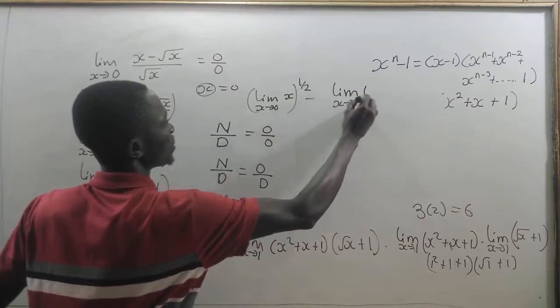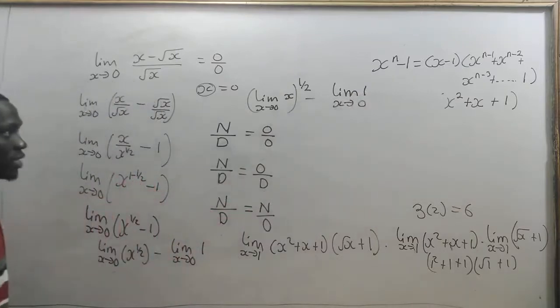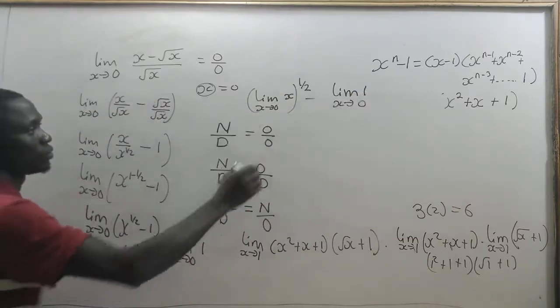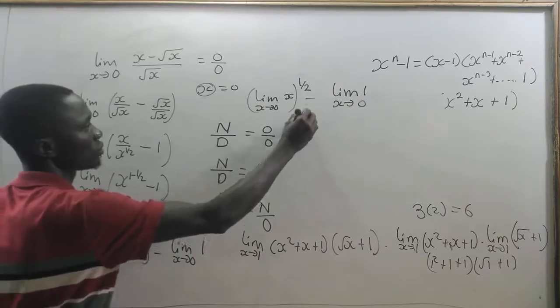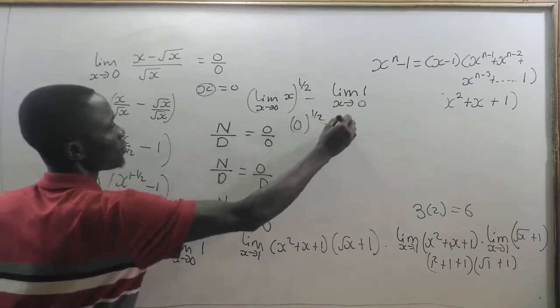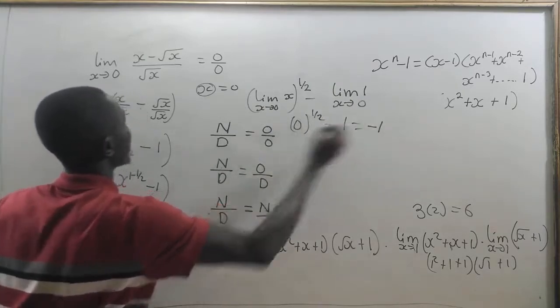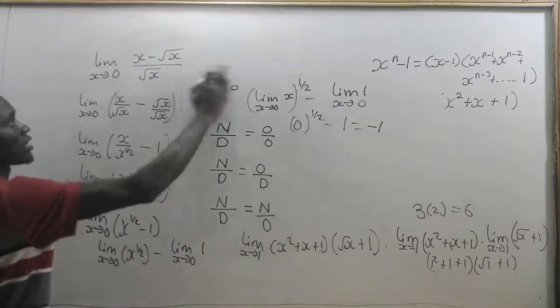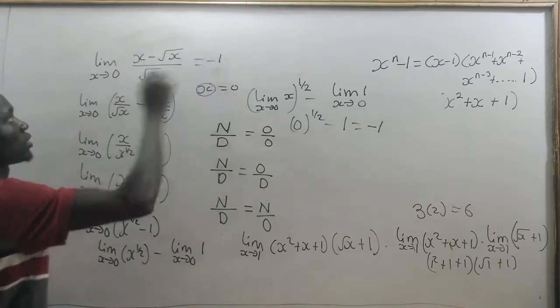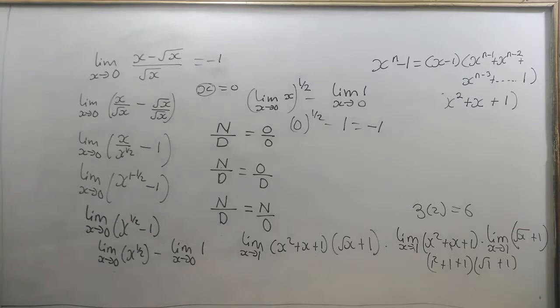So here, as x approaches 0, we are going to have 0 to the power half minus 1, and it is negative 1. So the answer for this will be negative 1. So that is, the limit of x minus the square root of x divided by the square root of x as x approaches 0 is negative 1. Now let's move on.